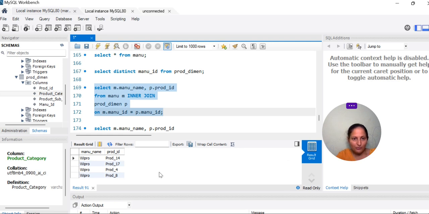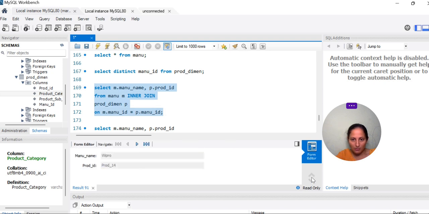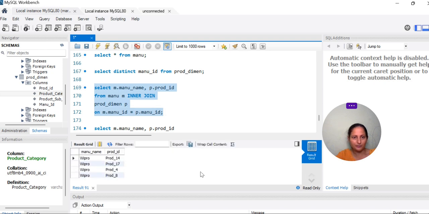These are the manufacturer products, product 14, 17, 18, which are there. So you can see the manufacturer name and product ID which are common on manufacturer ID. This is my inner join.